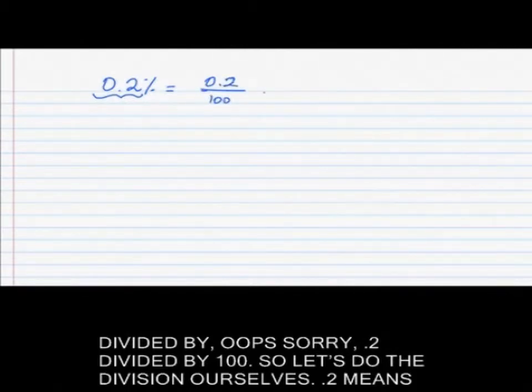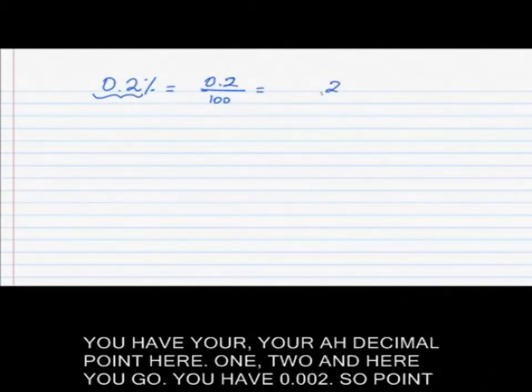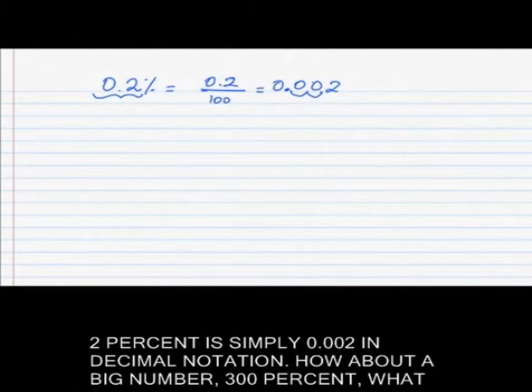So let's do the division ourselves. 0.2 means you have your decimal point here, 1, 2, and here you go. You have 0.002. So 0.2% is simply 0.002 in decimal notation.